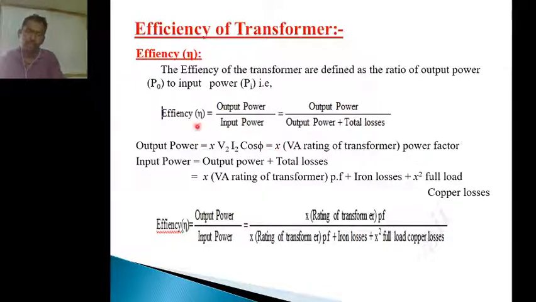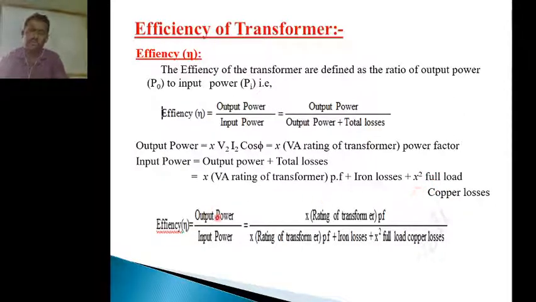So we know the output power. What is the input power? Output power plus total losses. That is x into VA rating of the transformer into power factor plus the losses: iron losses, which are the fixed or constant losses, and the copper losses. Copper losses normally vary with load, so x square into full load copper losses.